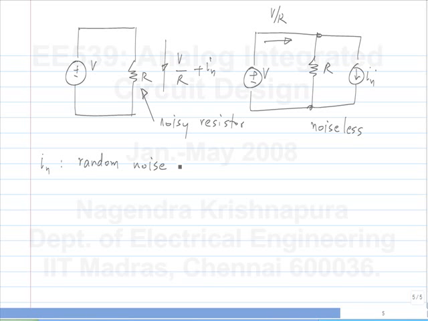It is random noise, and it happens to be white, which is the term used for some noise whose spectral density is uniform across all frequencies.